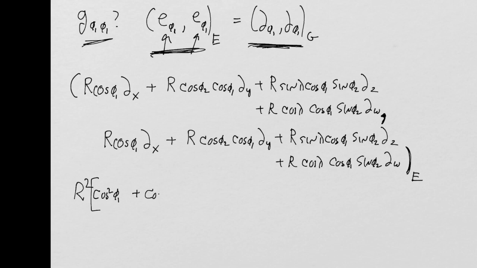And then this will be cosine squared phi 2 cosine squared phi 1. And then these guys go away because they all end up being things like phi y, which equals 1, right? So they're all the diagonal in the Euclidean metric, they all equal 1.